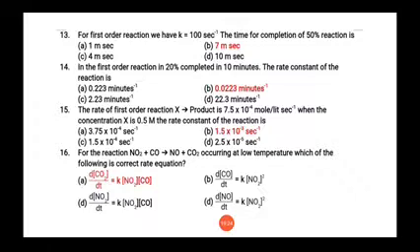So your correct option is option number A, because dCO2 by dt, CO2 is a product, that's why there is no negative sign. So the correct option is dCO2 by dt is equal to K into concentration of NO2 and concentration of CO. In a differential rate law, reactants are written. So the correct option is option number A.